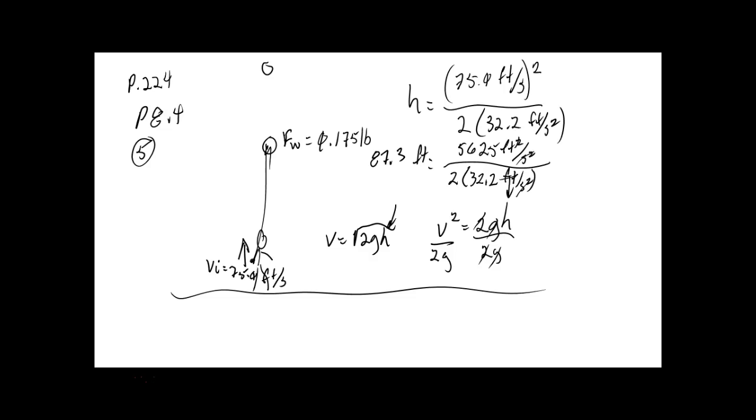So it loses speed every second it goes up until it reaches 0. And then it starts coming down and starts gaining speed at the same rate that it lost it going up. So what's the speed at the bottom? 75? Yes, it is. 75 feet per second. Only this is negative because it's going downward.